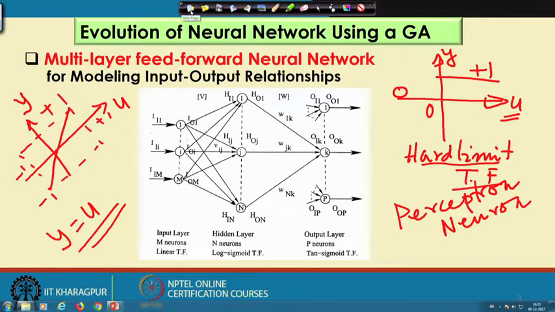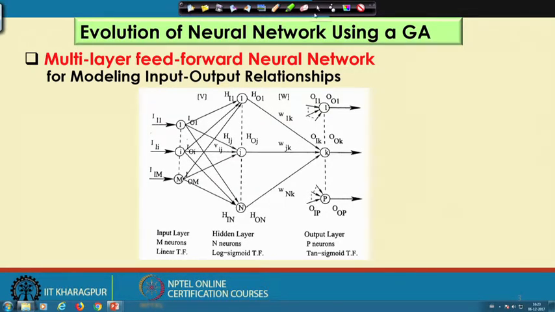Now, I am trying to find out some nonlinear transfer functions which are generally used very frequently. So, I am just going to take an example of this type of nonlinear transfer function. For example, say I have this log sigmoid transfer function.